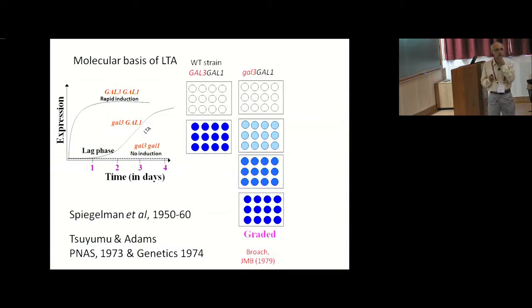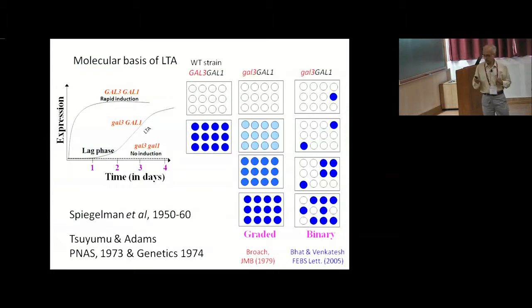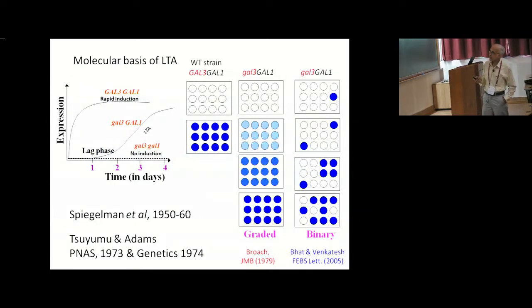But there was no experimental evidence for this idea, and in 2005 we came up with a totally different explanation for this long-term adaptation phenotype. We said this is not how the system works. The way the system works is that in a Gal3 deletion strain, out of this many cells, in one cell the amount of Gal1 present is above a threshold to respond to galactose.